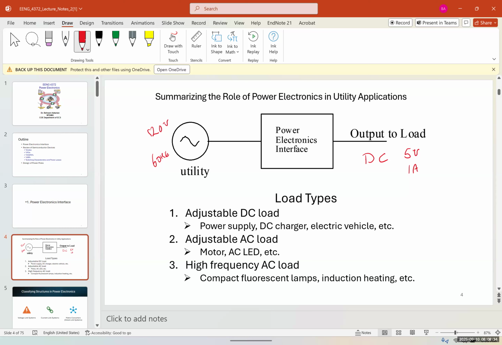Usually they have very high frequency. We use the eddy current, and induction heating is actually one of the most efficient systems out there because it converts like 95% of energy to heat. Good.